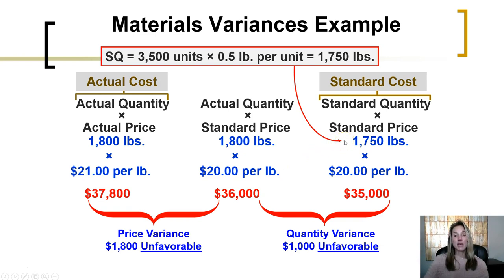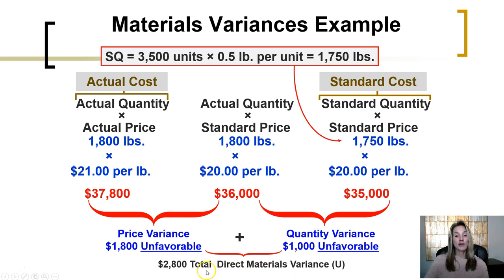The standard says we should have used 1,750 pounds at $20 a pound for producing 3,500 units. It's unfavorable because we used more pounds of materials to make 3,500 units than our standards say we should have.